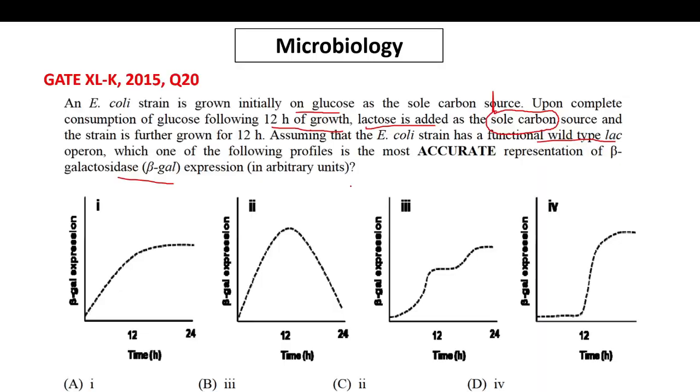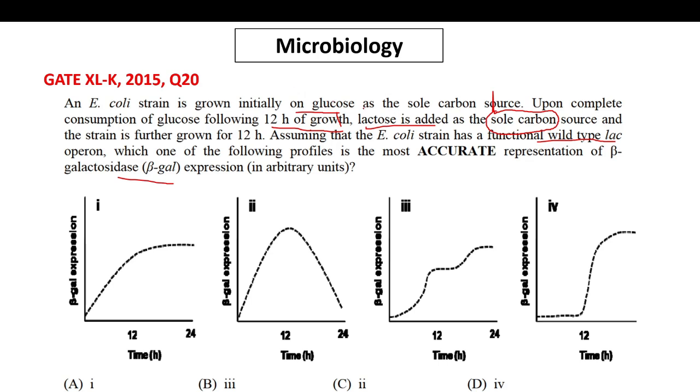So if glucose is present, then there is no problem for the E. coli to grow. Thus when glucose is abundant, there is no advantage in making the enzymes for metabolizing lactose, just like what we have discussed. So consequently, the lac operon is repressed when the glucose is present in adequate quantities, an effect known as catabolite repression.